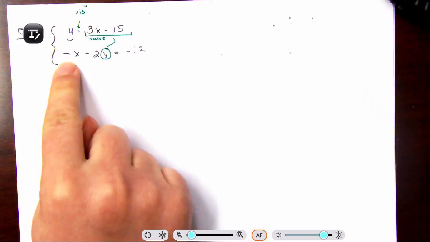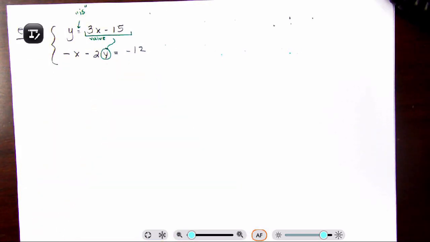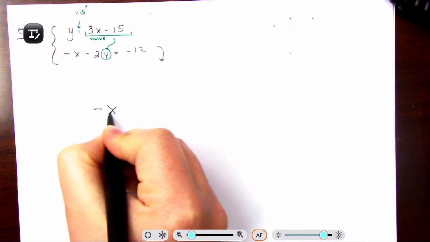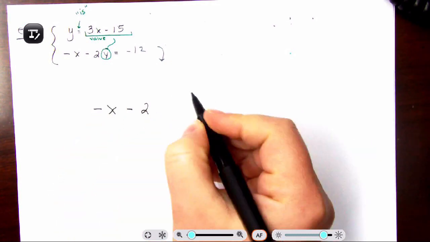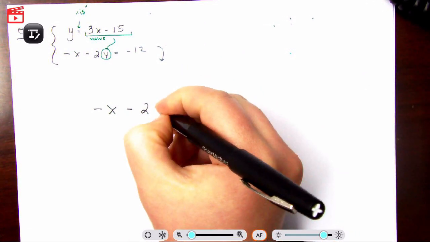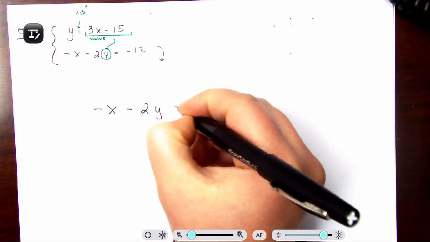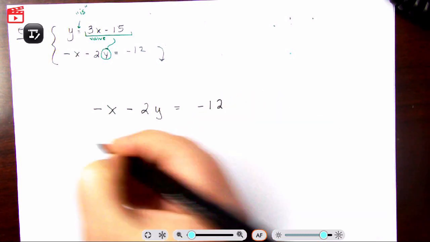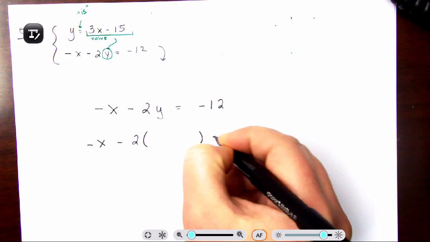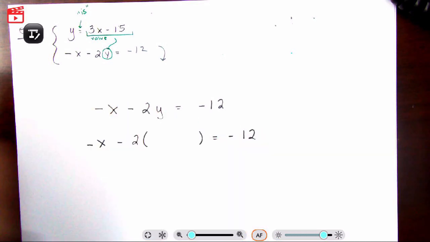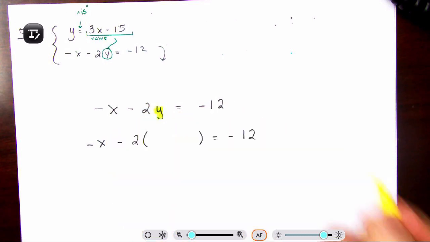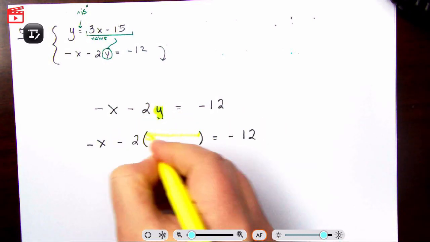Well, I'm going to rewrite the bottom equation, but a little bit larger than you're going to be used to. So I have negative x minus 2. Now, instead of y, I'm going to put parentheses. So this is your y.